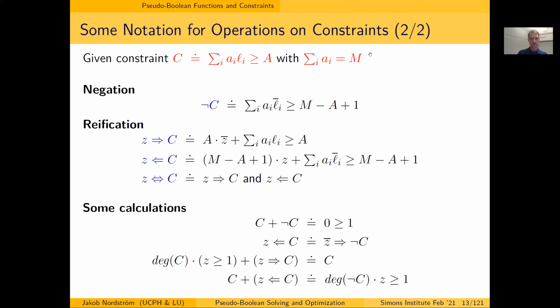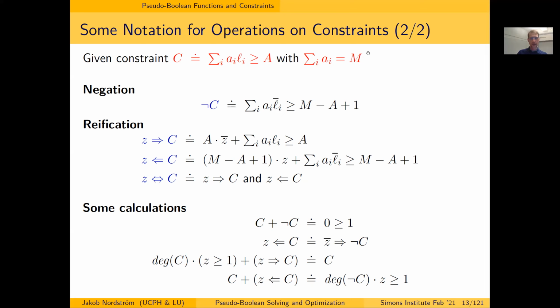So contradiction is 0 greater or equal 1. The reified constraint saying that C implies z is in fact the same thing as saying that not z implies not C, which is also easy to verify and seems natural.